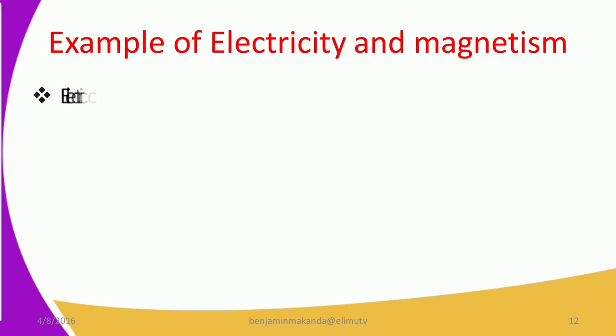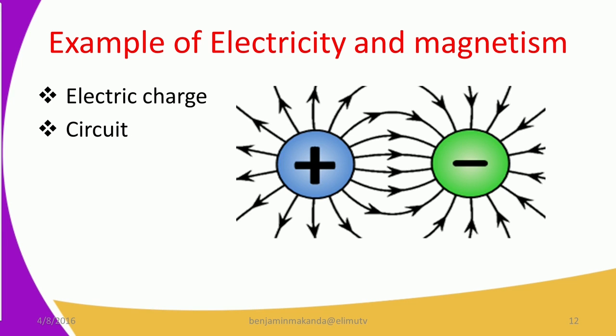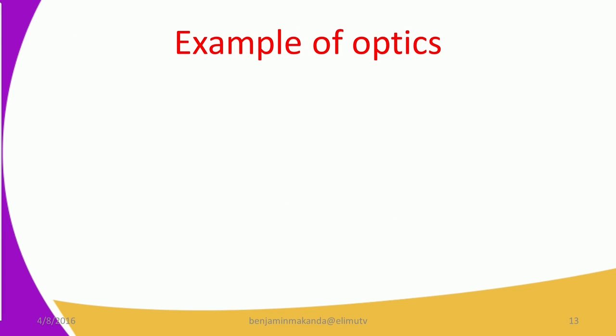Examples of electricity and magnetism. We have electric charge, circuit, and in this particular category we have this example here where we have electric charge. This is an electric field that has both positive and negative, and the arrows are indicating the direction of force within the electric field. That is still electricity and magnetism.